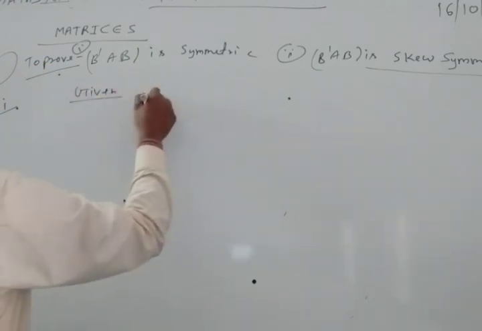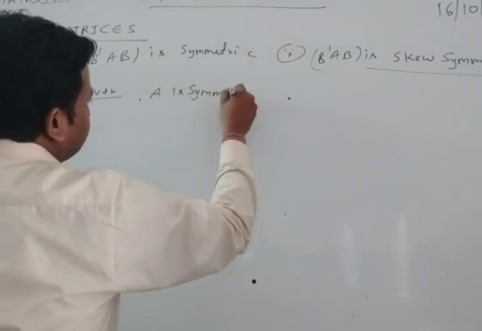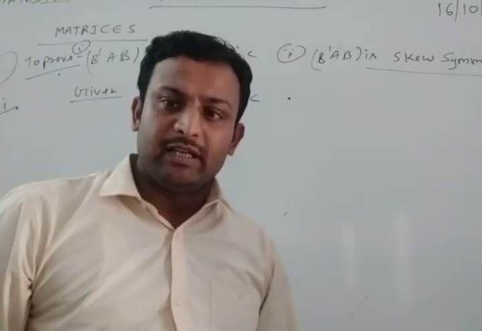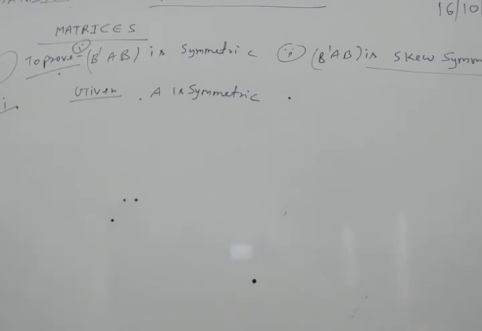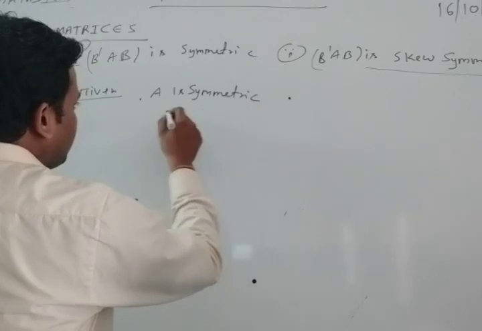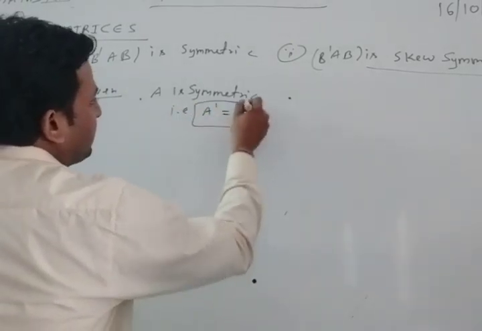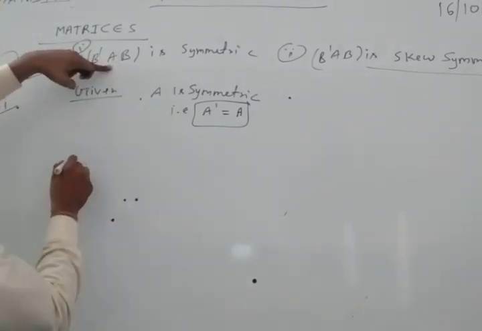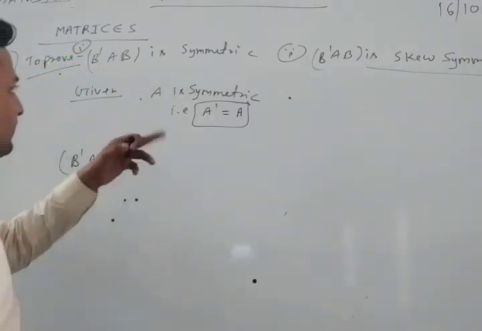Given A is symmetric, and you know it well, if a matrix is symmetric, then A dash is equal to A. This is what we are given. Now we have to prove that B dash AB is symmetric.